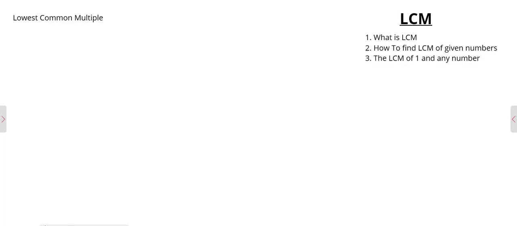Today's topic is LCM, and before we get started, I just want to jog your memory about properties of numbers. In mathematics, there are two common properties of numbers. These properties are the LCM and the HCF.